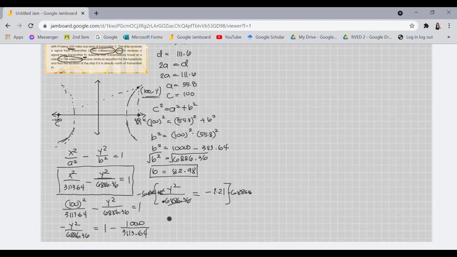Okay? And then, we'll have y squared is equal to, this will be positive, 15,280.39. And then, the square root of this, we have y is equal to, again, this is approximately 123.6. Other answers can be 123.4.